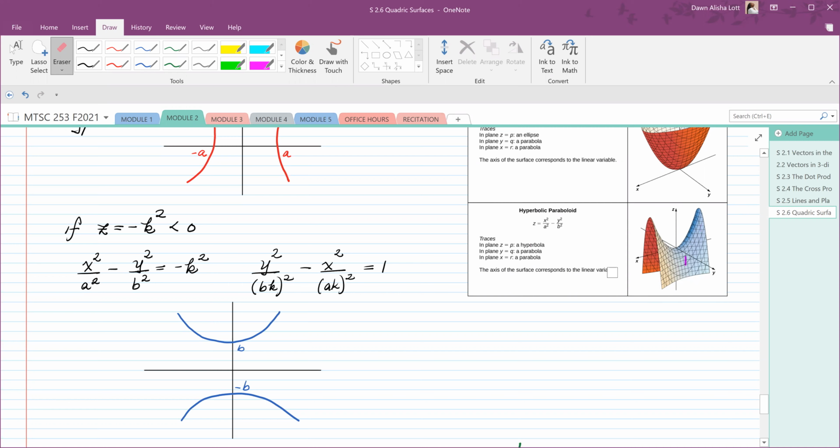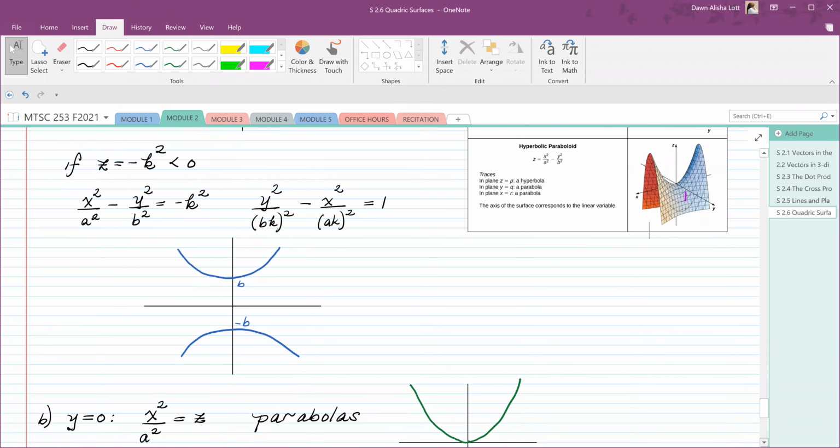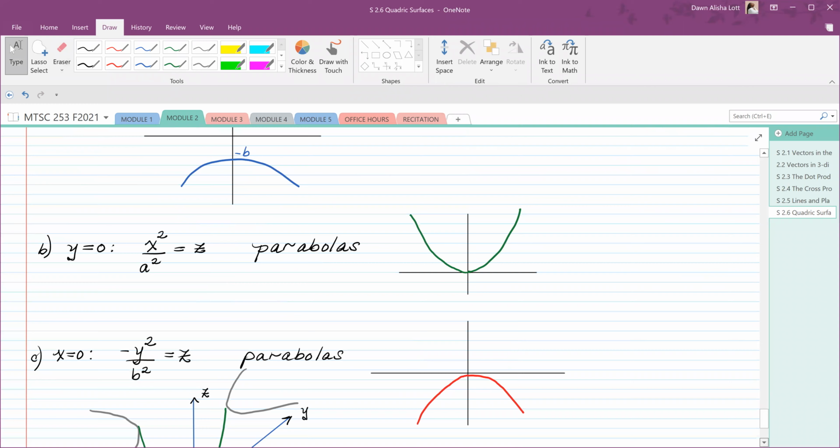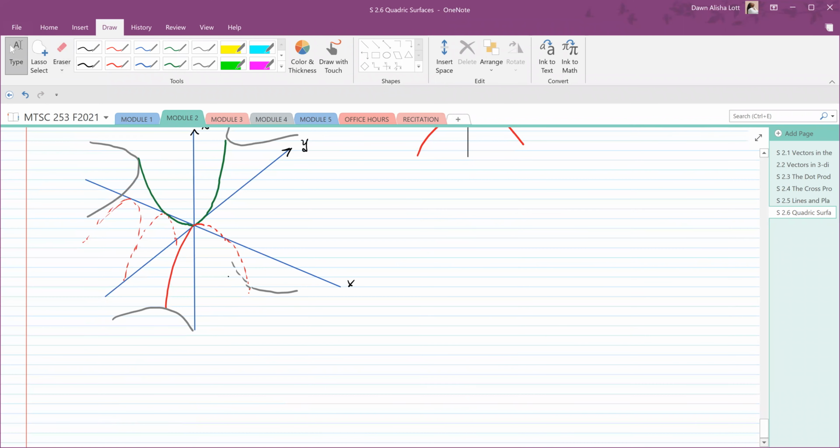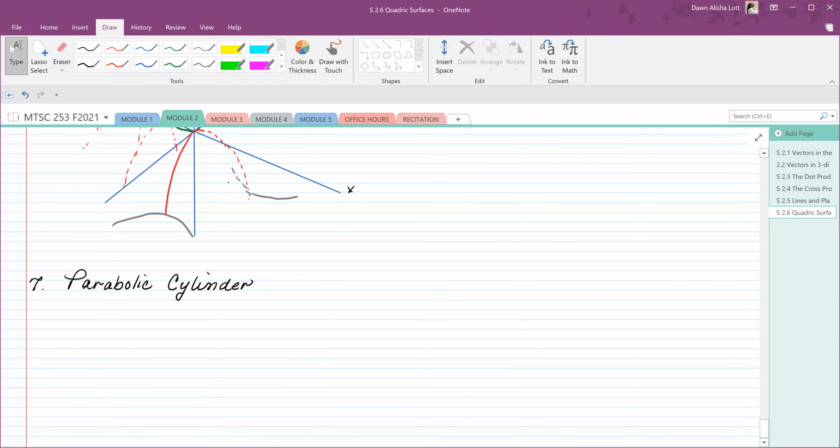The parabolic cylinder is easy. The parabolic cylinder looks exactly like the parabola from before.